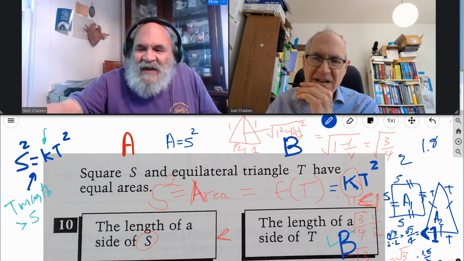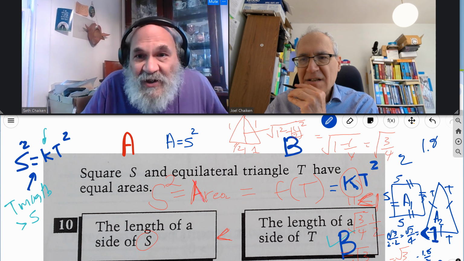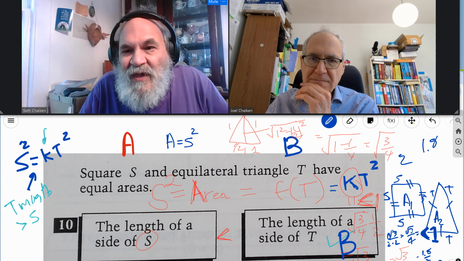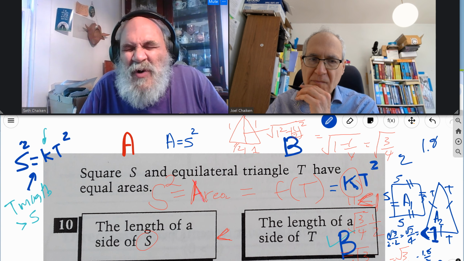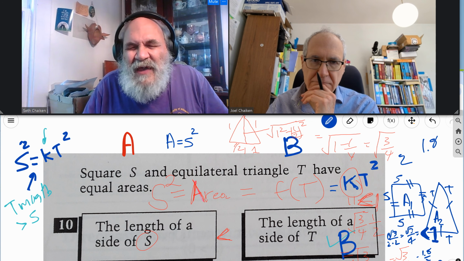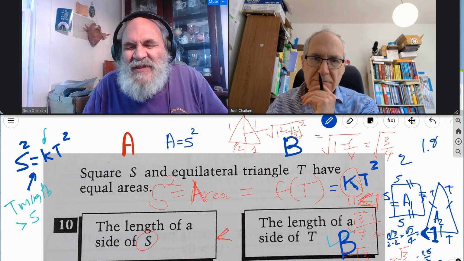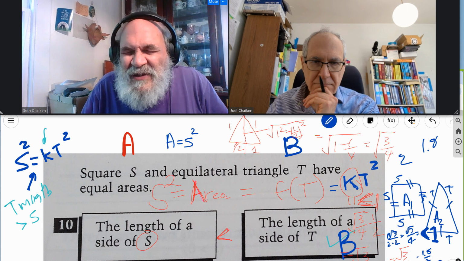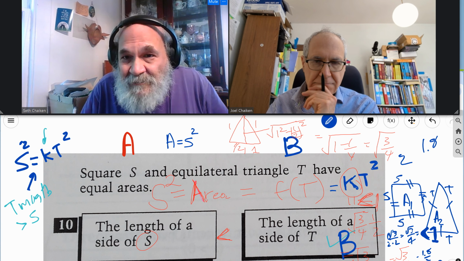You can do that intuitively. Here's your picture: if we want to compare an equilateral triangle and a square, the side of the equilateral triangle is S and the side of the square is S.